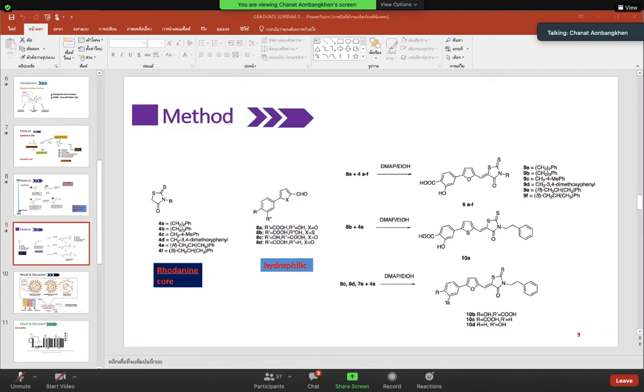The idea is basically to synthesize a derivative that will have better interaction with the viral envelope. We can see that majorly the lipophilic tail is the one that shows the highest antiviral activity, possibly because the phospholipid bilayer of the virus has better interaction with it.